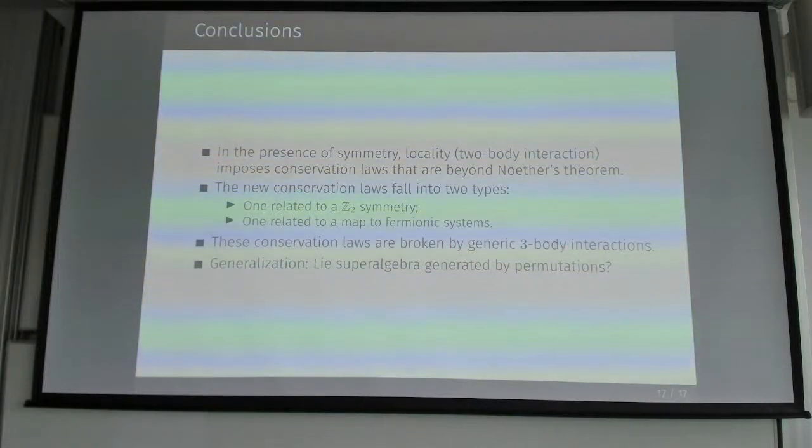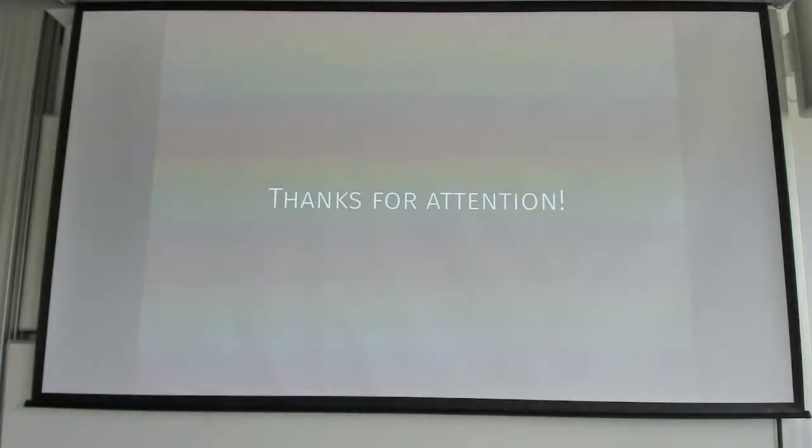They no longer hold. Since our problem is basically the Lie algebra generated by permutations, and the permutations are also Z2 graded, we also think about the Lie superalgebra generated by them, but we haven't thought of a physical application of this. So yeah, with that, thanks.